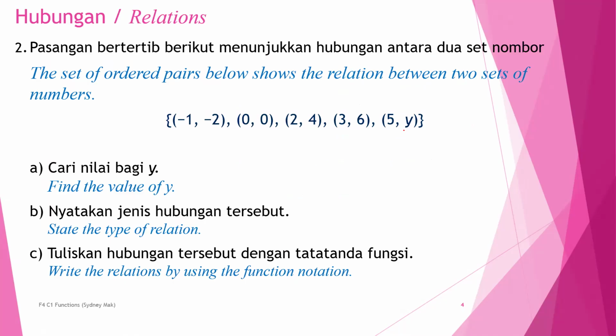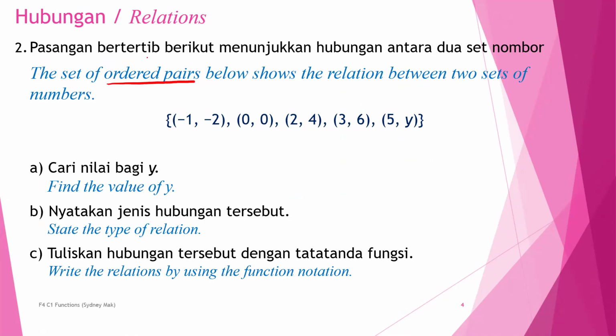Right. Now, we're still in relation. So apart from the arrow diagram where we can tell the object, the images, the set of the domain, the set of codomain, we can also look at the relation between two sets of items by using ordered pairs.